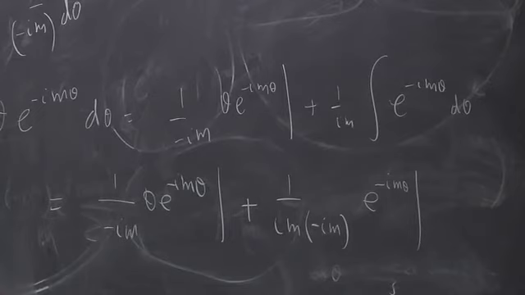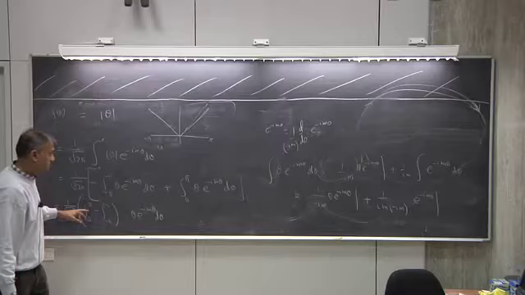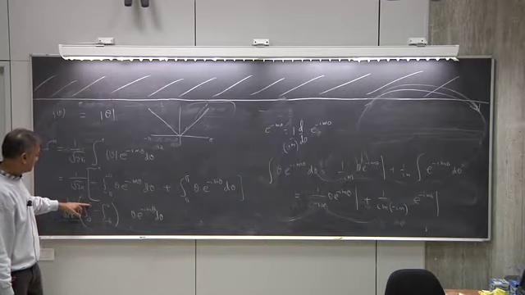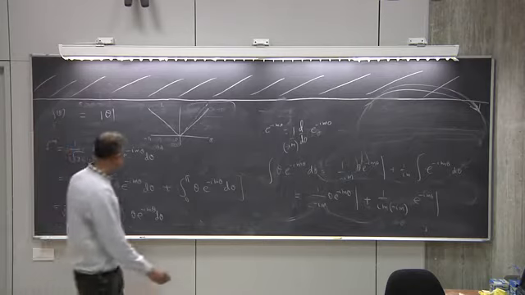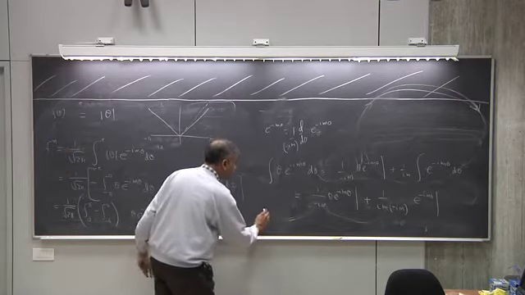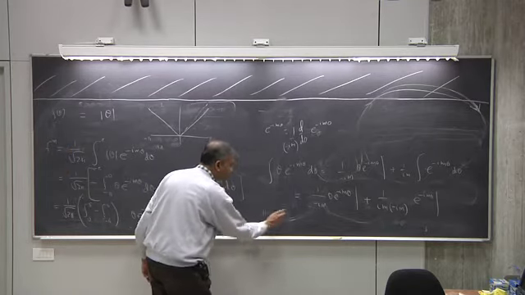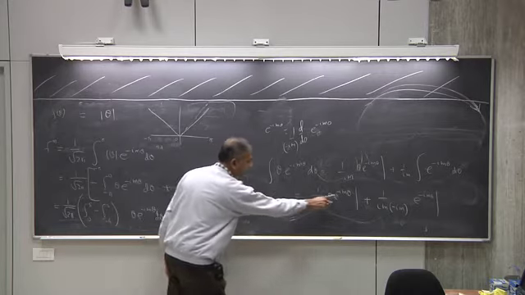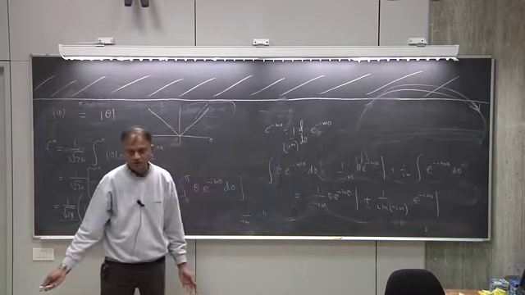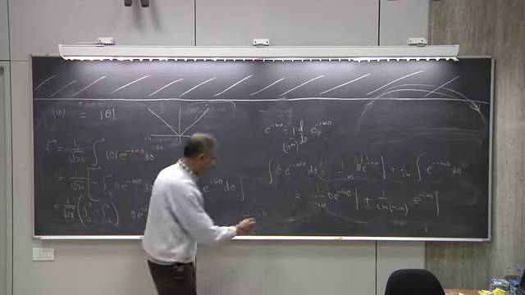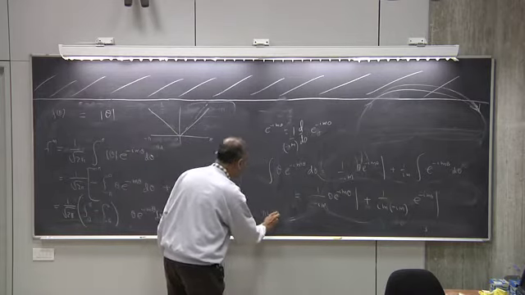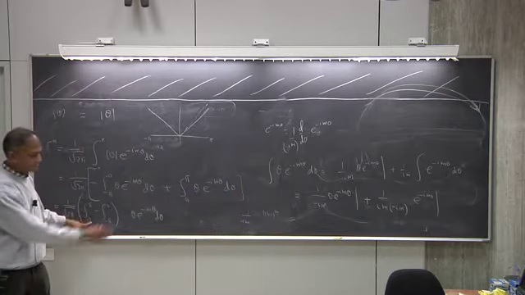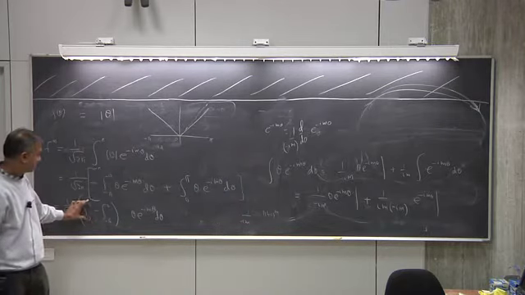For example, let's look at the first term, theta equal to pi and 0. For the first part, there is a 1 over minus i m, pi times e to the minus i m pi, which is minus 1 to the m, right? So minus 1 to the m. And then at theta equal to 0, it doesn't contribute because theta is 0. So that's the first one.